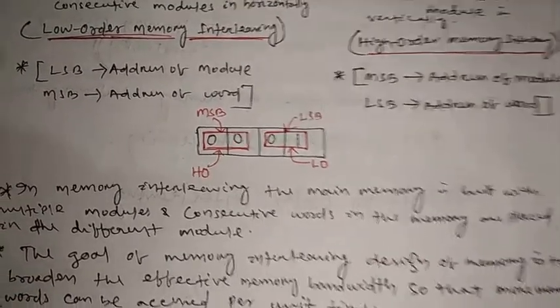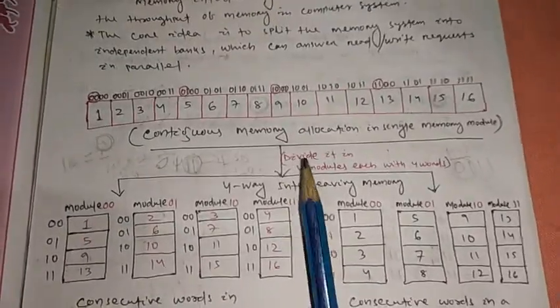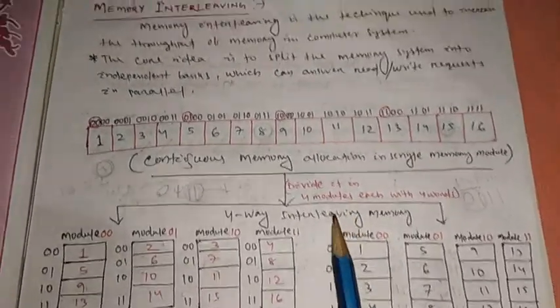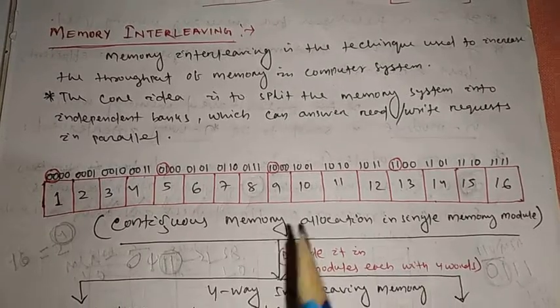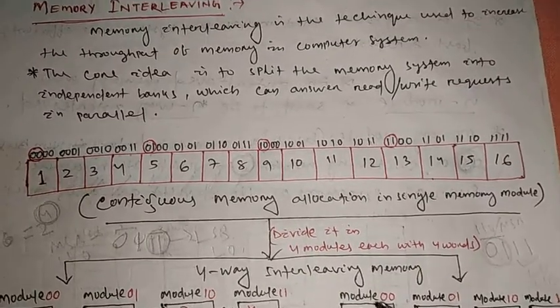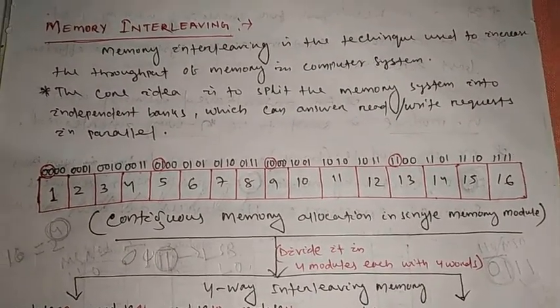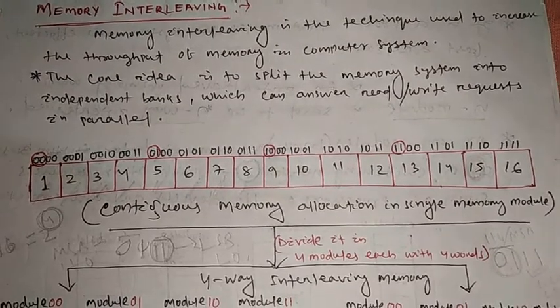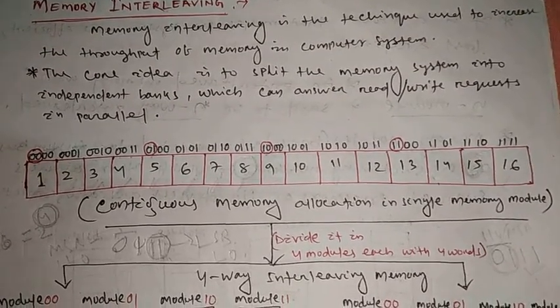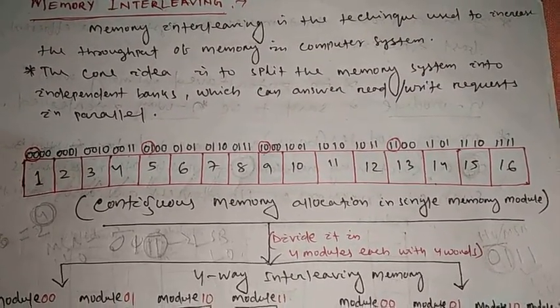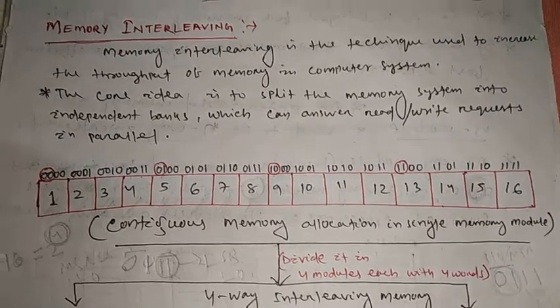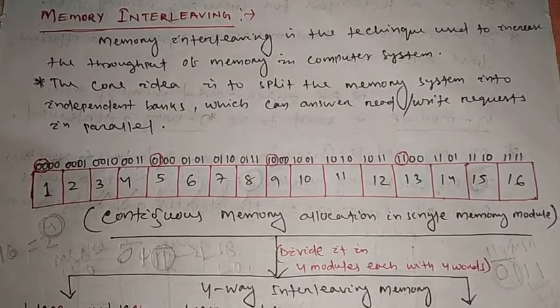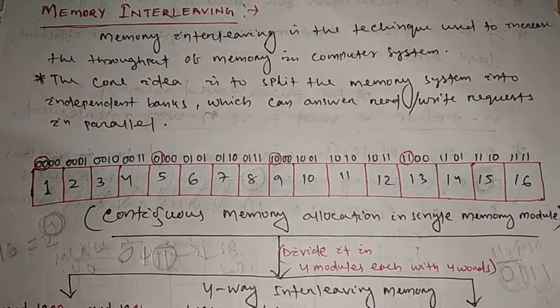Are you getting me? So why are we dividing the memory into multiple modules, or why are we using the memory interleaving technique? We are using it to increase the bandwidth of the memory, so that we can increase the efficiency of memory, or decrease the waiting time of the CPU.